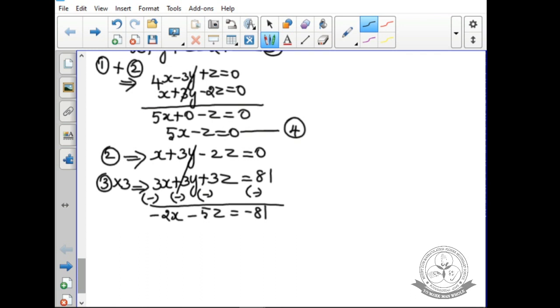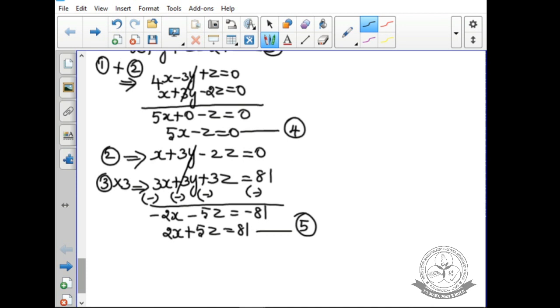Now cancel the minus sign, since all terms have it. So 2x plus 5z equal to 81. Take it as the fifth equation. So the fourth equation is 5x minus z equal to 0, and the fifth equation is 2x plus 5z equal to 81.